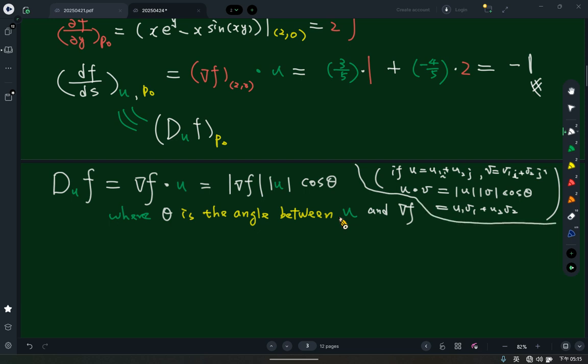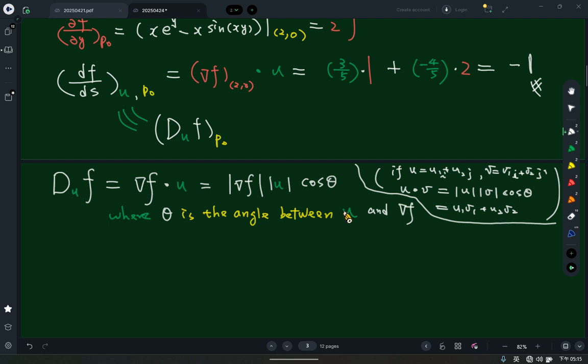Because gradient is a vector, u is a vector. So when we calculate its inner product or dot product, it is equal to its length times u's length times cosine theta.